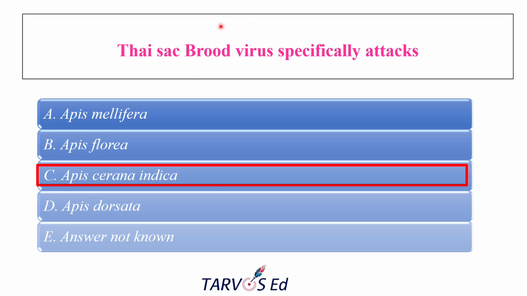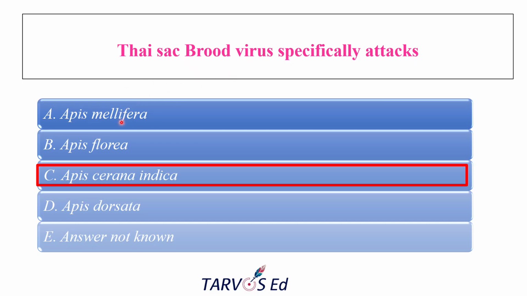Apis mellifera is somewhat resistant to this virus strain. It can carry the virus but rarely shows symptoms. That's why Apis mellifera was introduced in India after the Apis cerana colonies collapsed, in order to avoid the infestation caused by the virus.